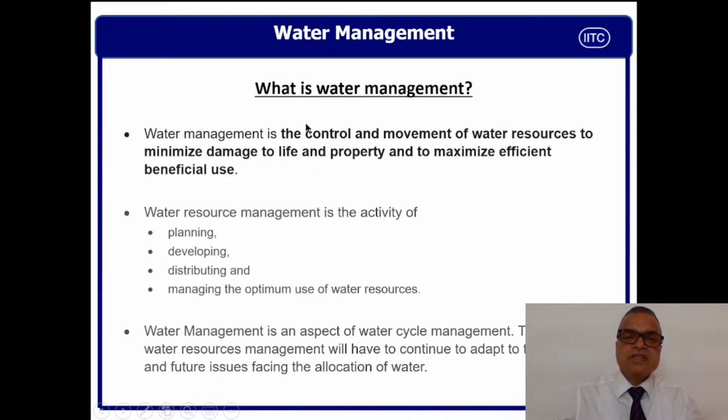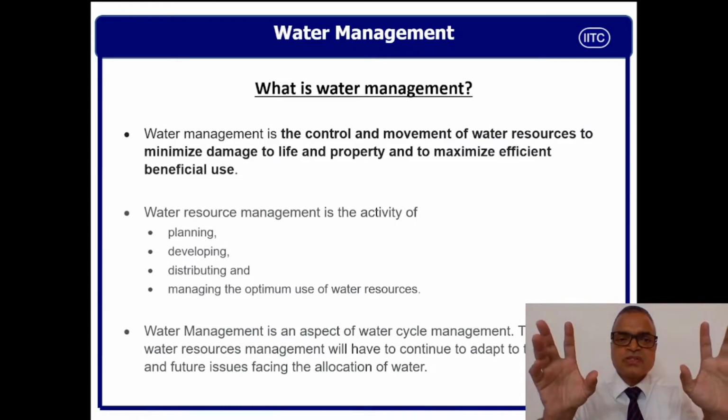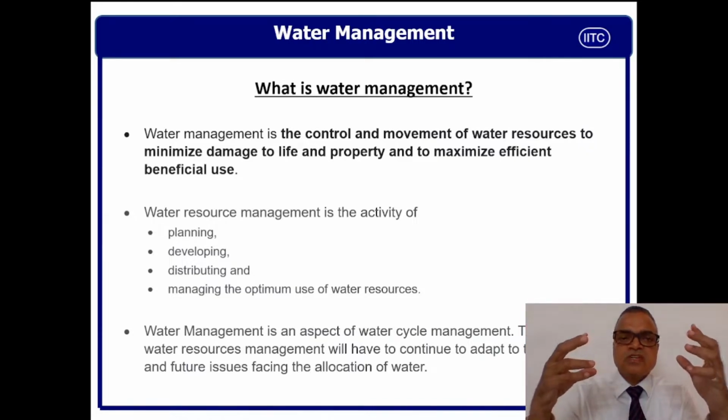Guys, here we will see what water management is. Let us start. As you know, water management is nothing but to control the movement of water resources, to minimize the damage to life and property, and to maximize the efficient beneficial use. So the meaning is we control the movement of water resources from one place to the end user, so that we can minimize the damage to life and property and maximize the efficient use of water.